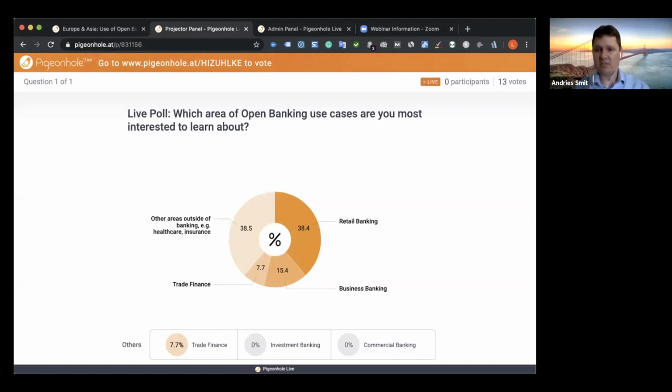You have balances of £7,500, which people just have in their current accounts, and it's not working for them. It's just sitting there. And I'm not talking about a small percentage of people. Half of people are doing this, and the other half don't have savings. So it's a scary place to be, but at the same time, a huge opportunity that open banking can bring and unlock lots of value.